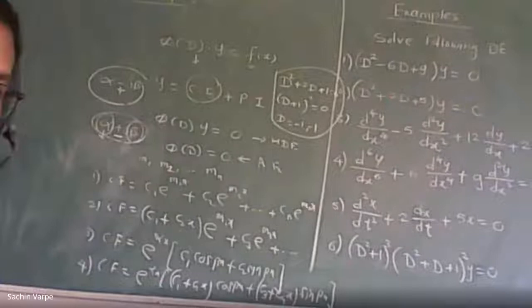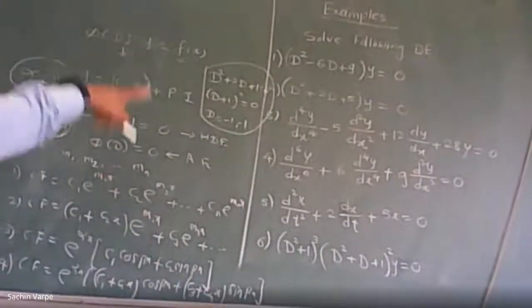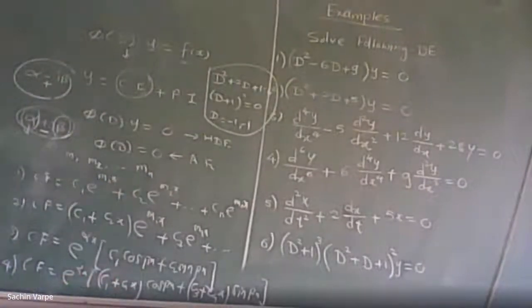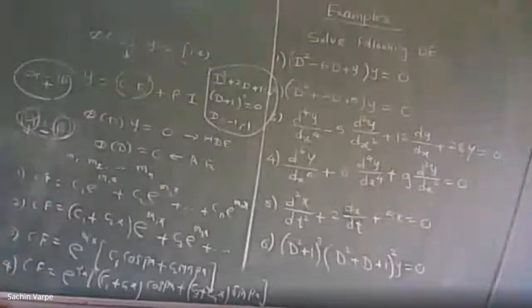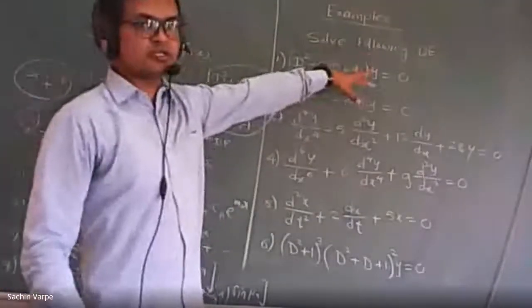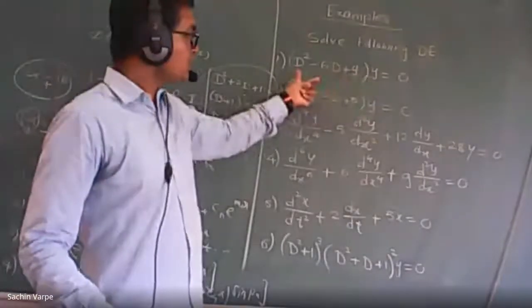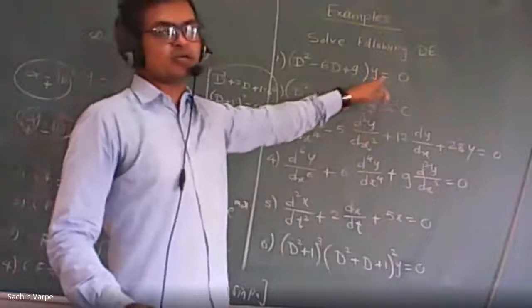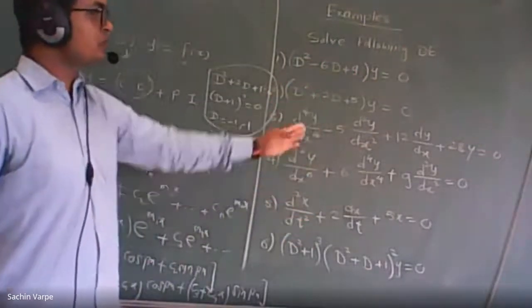So are you able to see the various differential equations I have given on the right side of the board? Please check and try to solve one by one. So first, solve the following differential equations. First is d square minus 6d plus 9 into y equal to 0. All the differential equations I have given are homogeneous differential equations because the right hand side is 0.